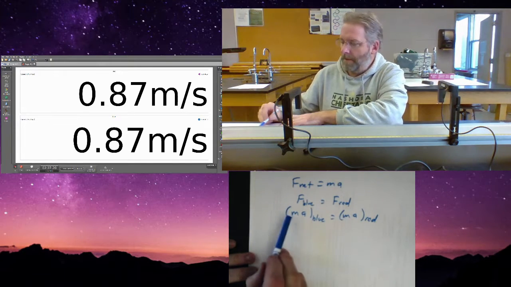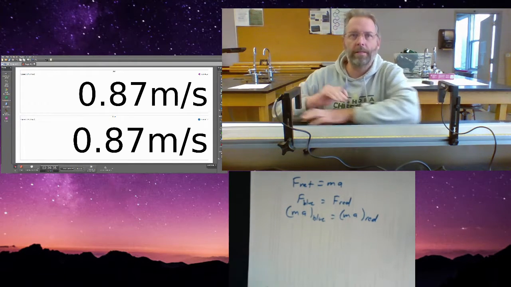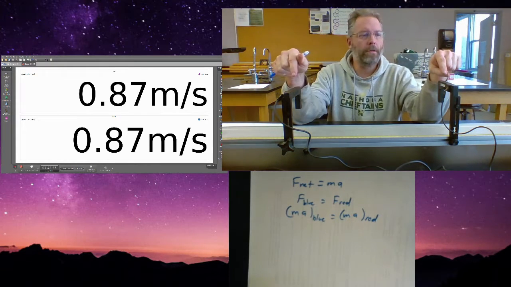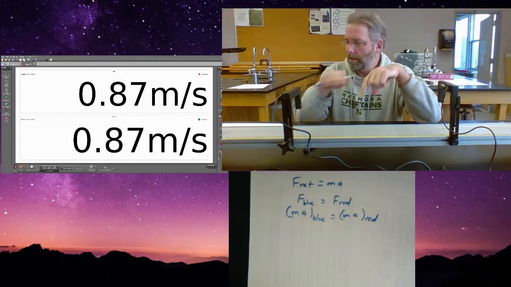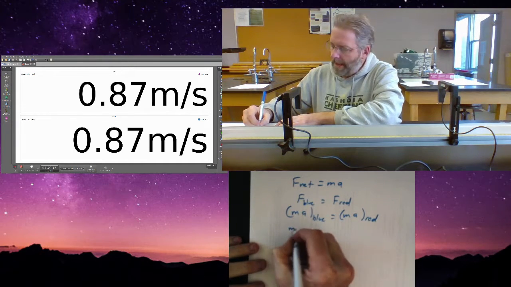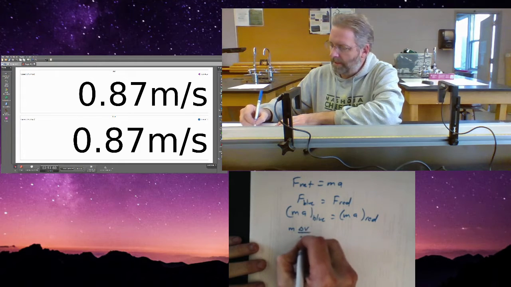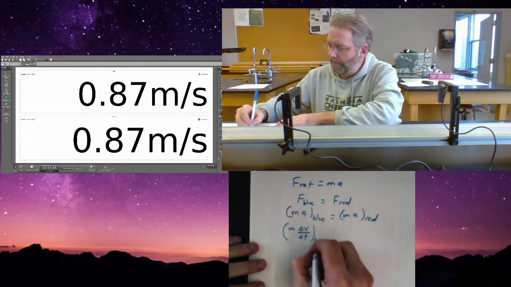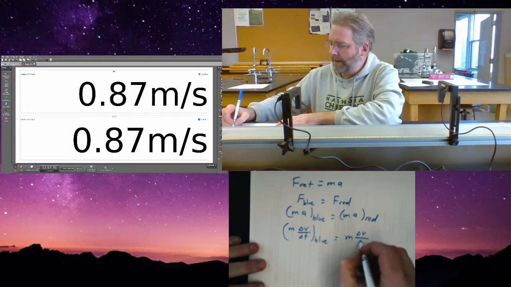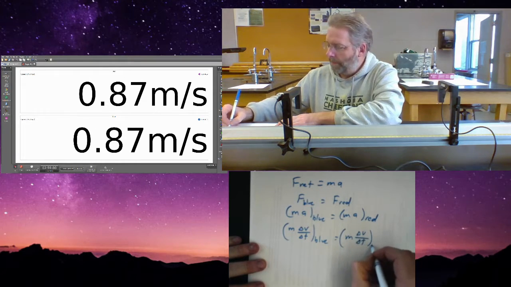Let's think about that from a Newton's law standpoint. If the masses are the same, that means the accelerations need to be the same. But I measured velocity, not acceleration. Well, we can modify this. Mass times change in velocity divided by change in time for the blue car, and then mass times change in velocity divided by change in time for the red car.